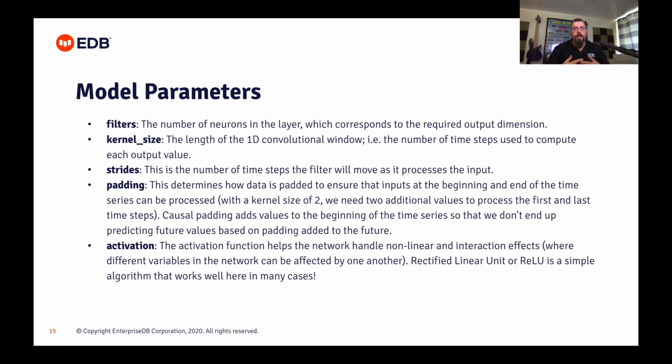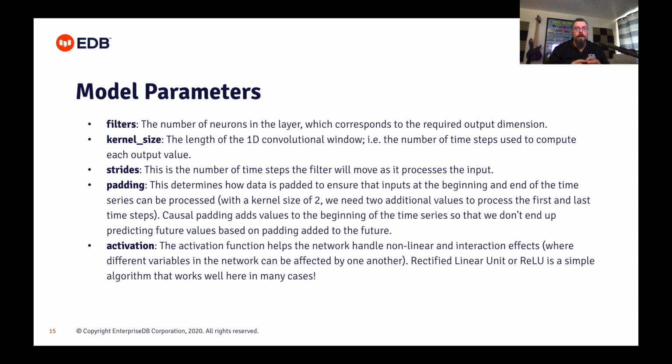The kernel size is the length of what's known as the one-dimensional convolutional window. Whenever we compute a value, we don't just look at one input value. We're going to look at multiple of them. So it's a window, if you like, saying the number of time steps that we're going to use to compute each following output value.